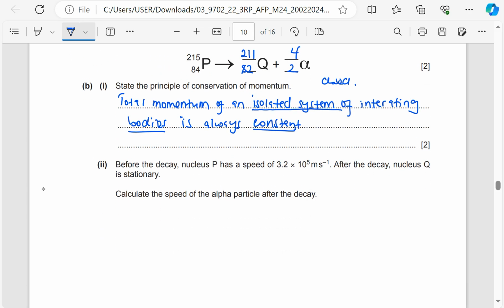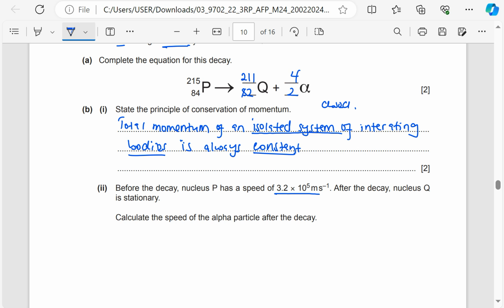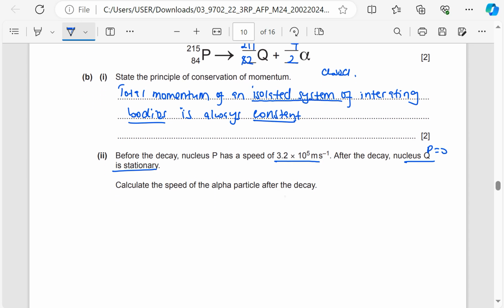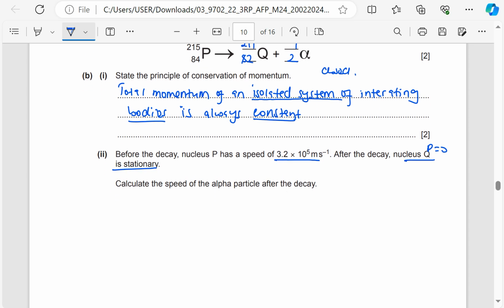Before the decay, nucleus P has a speed of 3.2 times 10 to the power of 5 meters per second. After the decay, nucleus Q is stationary. So that means its momentum is 0. Calculate the speed of the alpha particle after the decay. So total momentum before collision should be equal to total momentum after the collision.